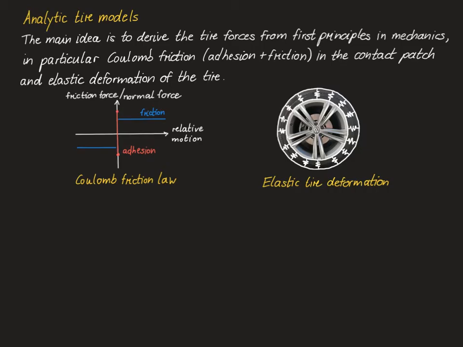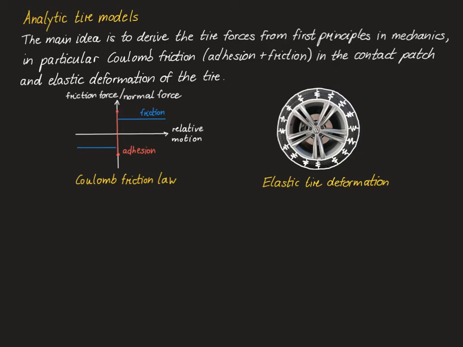So the main idea of analytic tire models is to derive the tire forces from first principles in mechanics. To this end, what's needed is a friction law, such as the Coulomb friction, and a model for the elastic deformation of the tire.